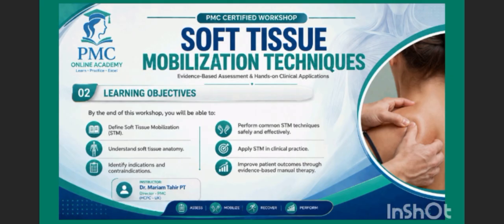By the end of this workshop, you should be able to firstly define soft tissue mobilization, STM, and understand its role in modern physiotherapy practice. Secondly, identify the anatomy of the soft tissues, including muscles, fascia, tendons, and ligaments, because a good understanding of anatomy is essential before applying any manual therapy technique.